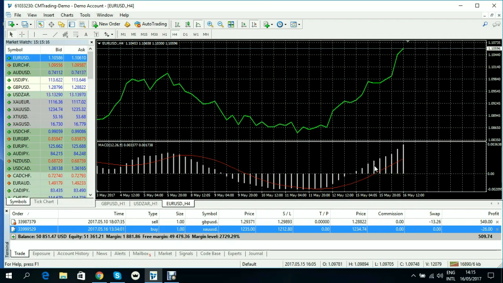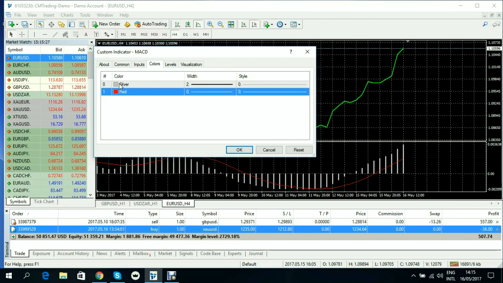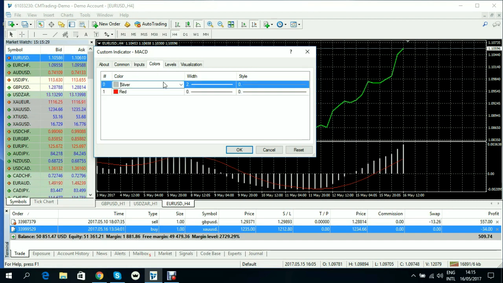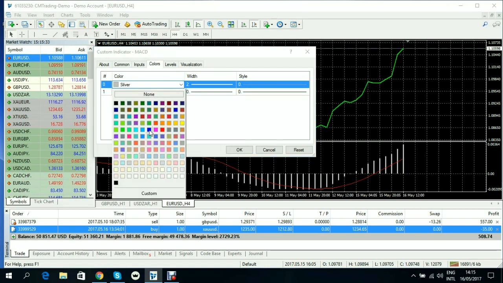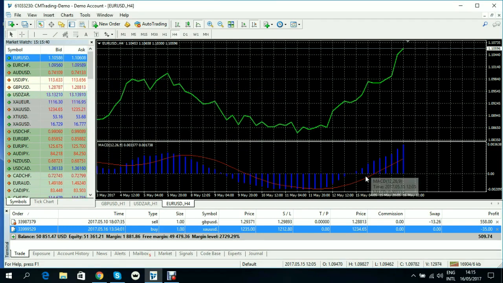Now if you don't like the color, you can double click and it will pop up back, and you go to colors, and then you can change it. Let's say if you want it blue, you click blue, you click OK, and here you are.